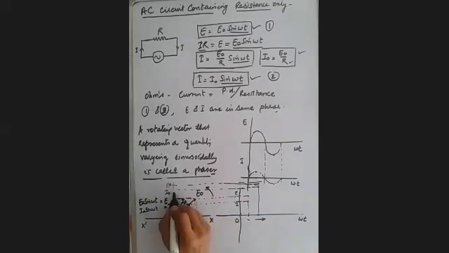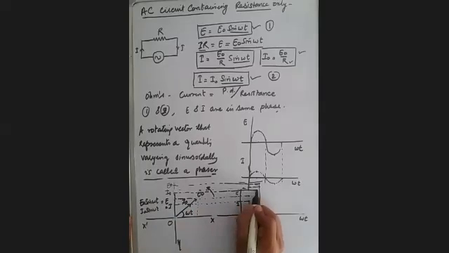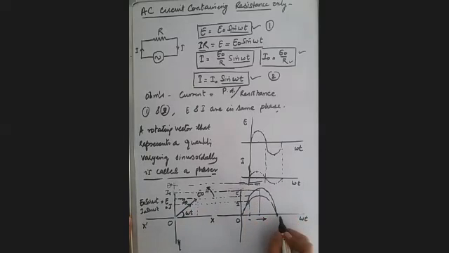So now you can draw the curves. So this E is this much distance. So you get a curve something like this for I and a curve for E like this.